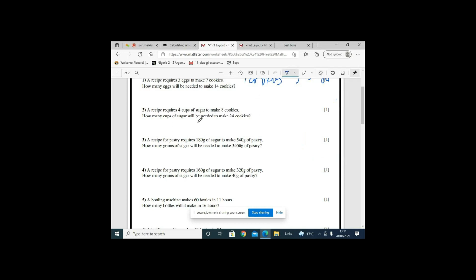Another one is: a recipe requires 4 cups of sugar to make 8 cookies.